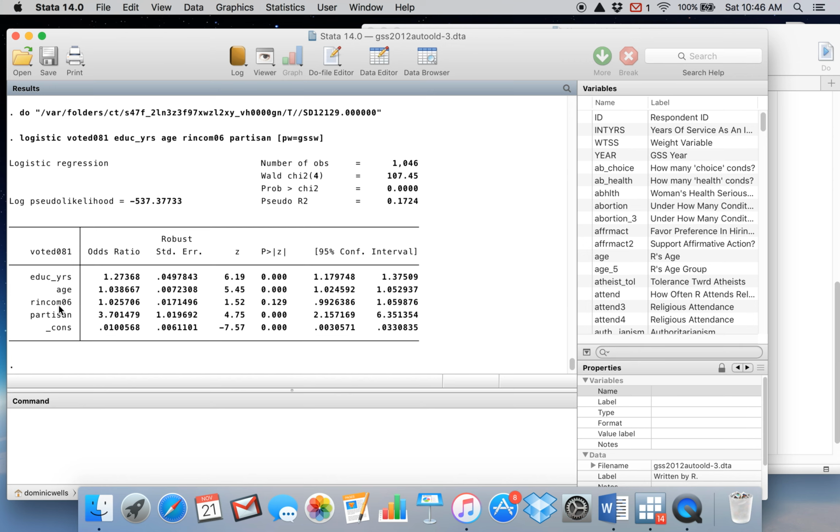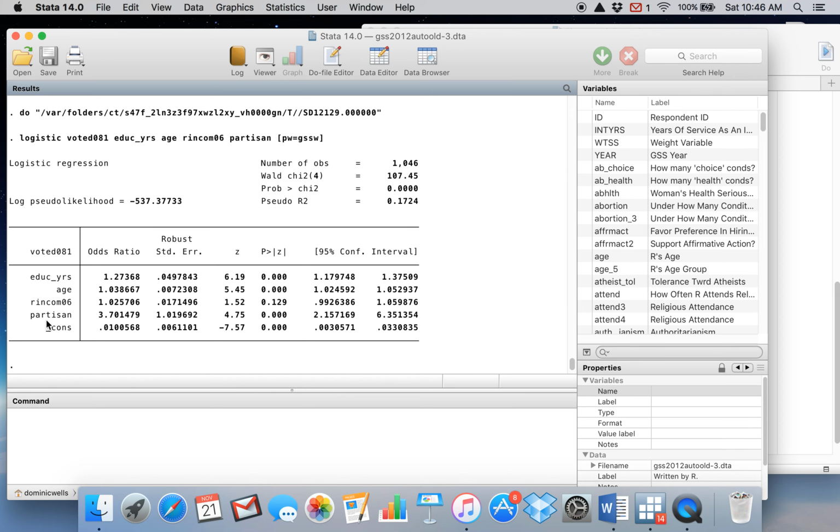And I think this is a 6-category variable, and that's why it's 006. And then partisanship, which takes the value of 1 if the respondent identifies as a partisan, so a Democrat, a strong Democrat, or a strong Republican. So they're highly partisan people.